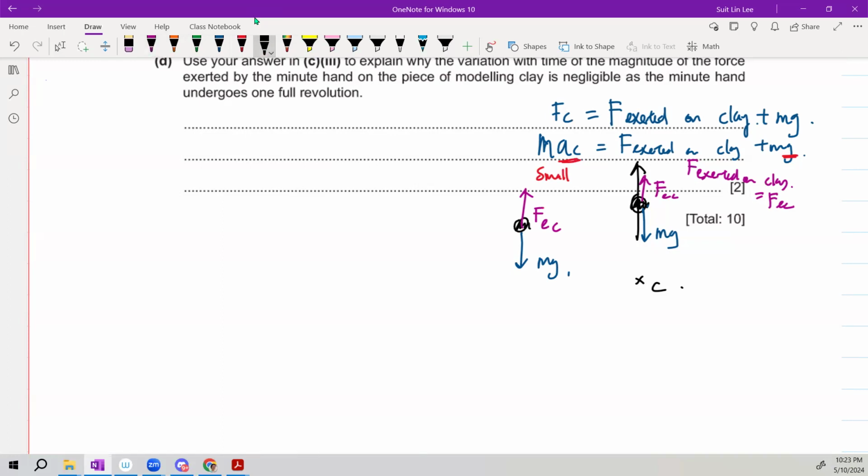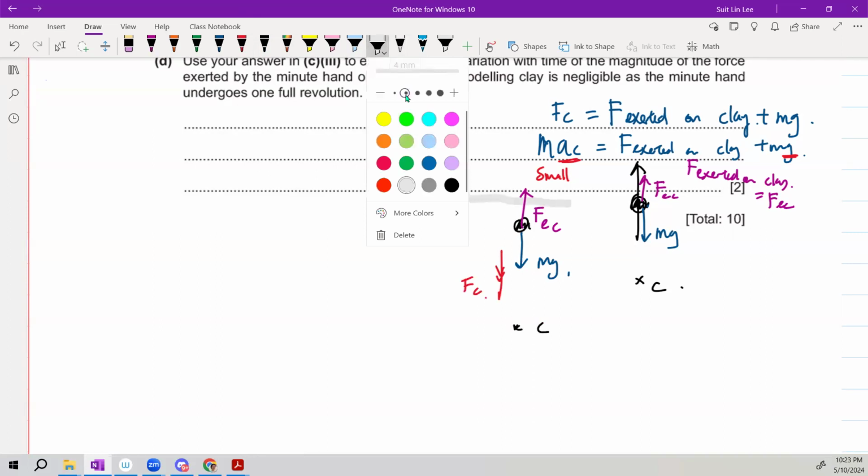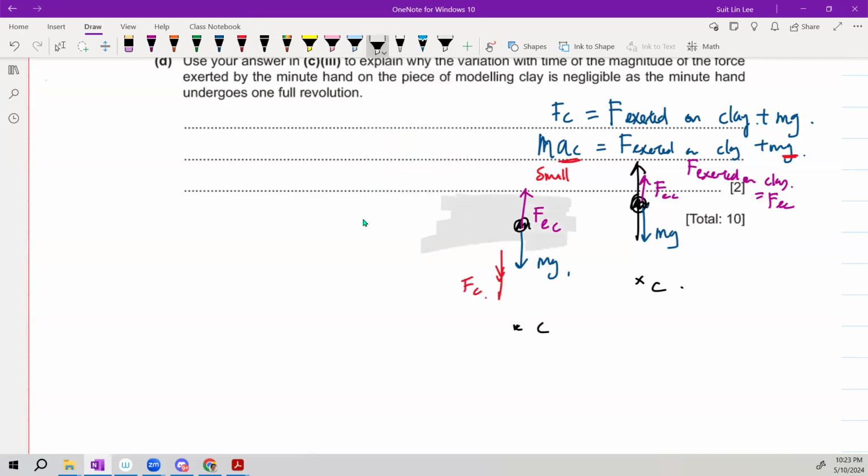But the center of the rotation is here. And your centripetal force is here. So based on this more accurate drawing, although to be honest, they are the same drawing.